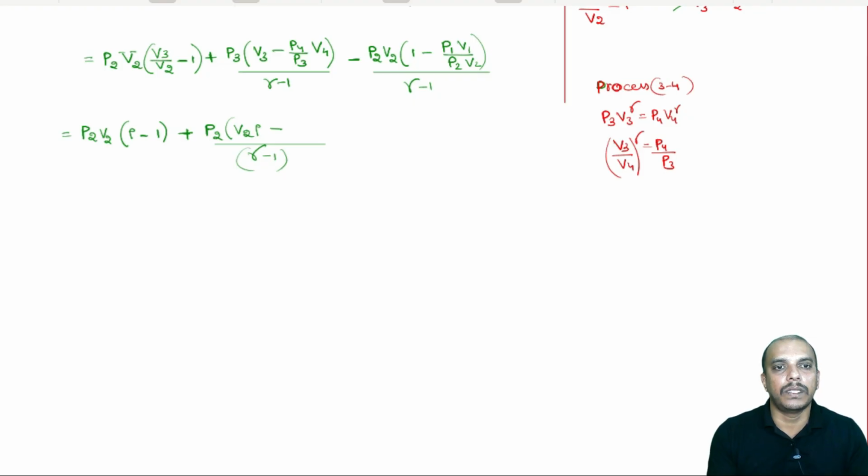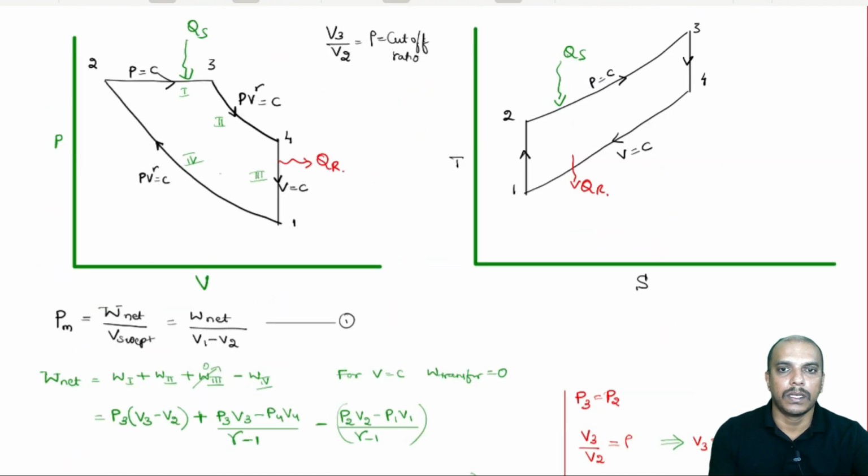And remember, this V3 by V4 can be solved either by writing it in terms of cutoff ratio or compression ratio. And we know that compression ratio is V1 by V2 is equal to R, right? So, V1 by V2 is equal to R, that is compression ratio.